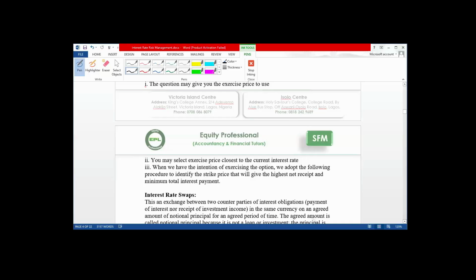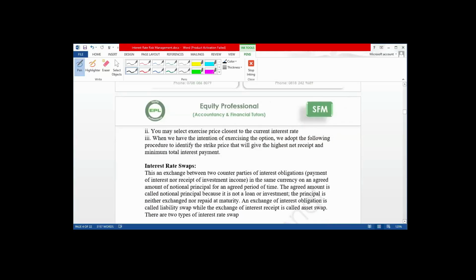It is an exchange between two counterparties of interest rate obligations, an exchange of interest rate obligations between two parties on the same currency, on the same amount of notional principal.